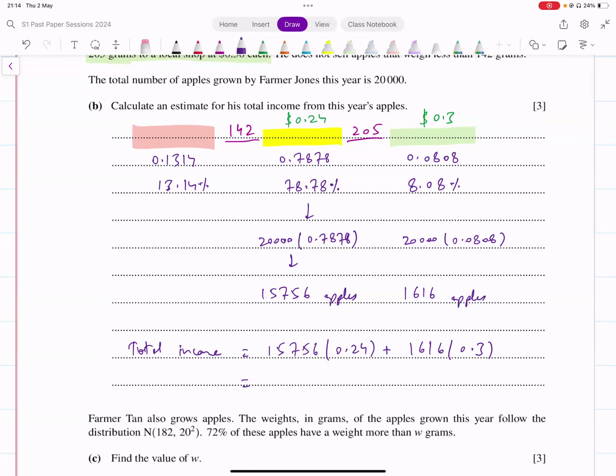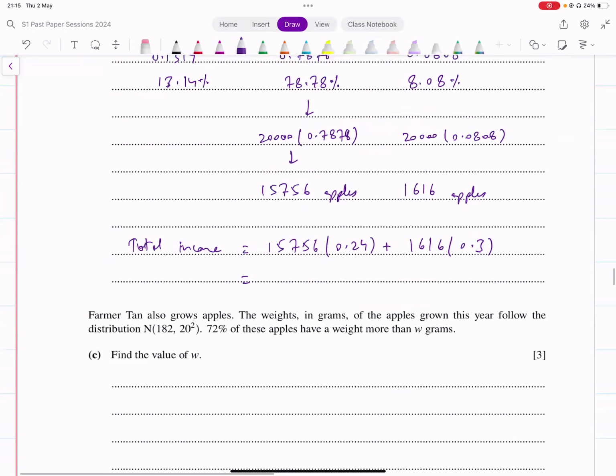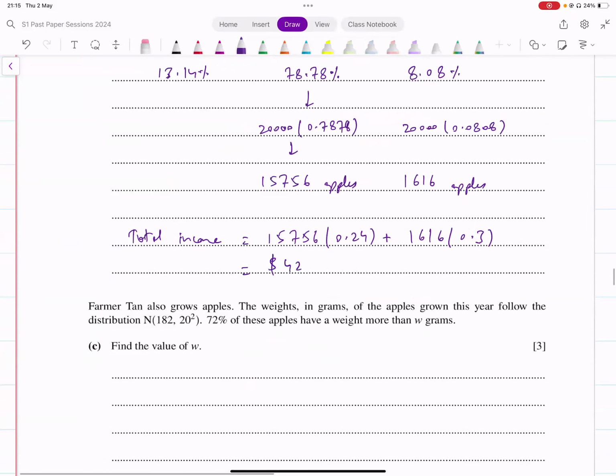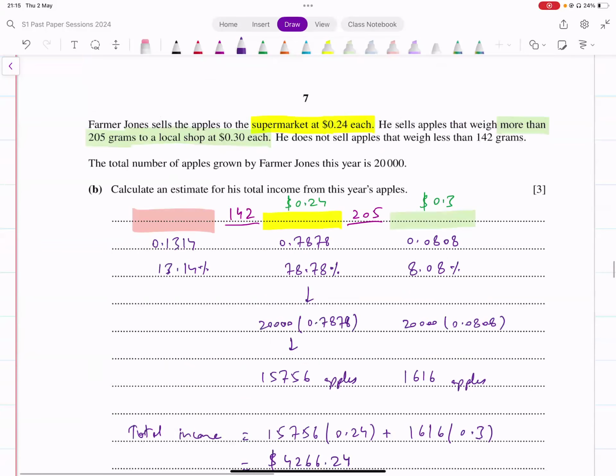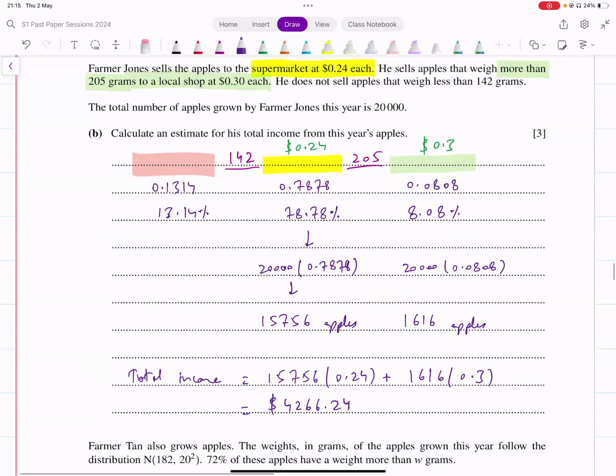Okay, this is giving me $4266.24. This is the estimate of the income that he would generate. Now, I've shown a lot of working here because I'm explaining this, but you can also skip some of this, and that's okay.